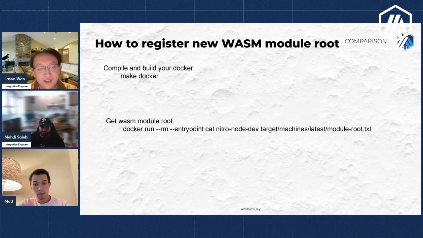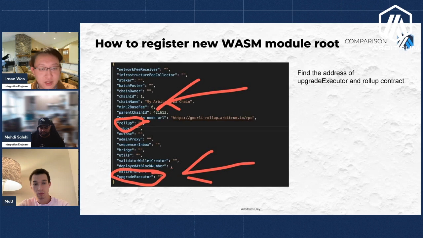After that, you can run this Docker, and it will output your new WASM module root. Here is how to register your WASM module root. This file is the node config file, which you will get after you create your new Orbit chain.